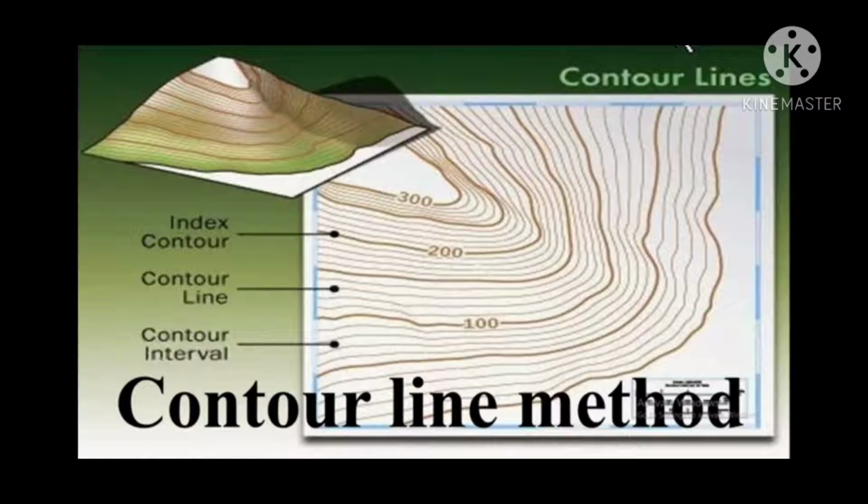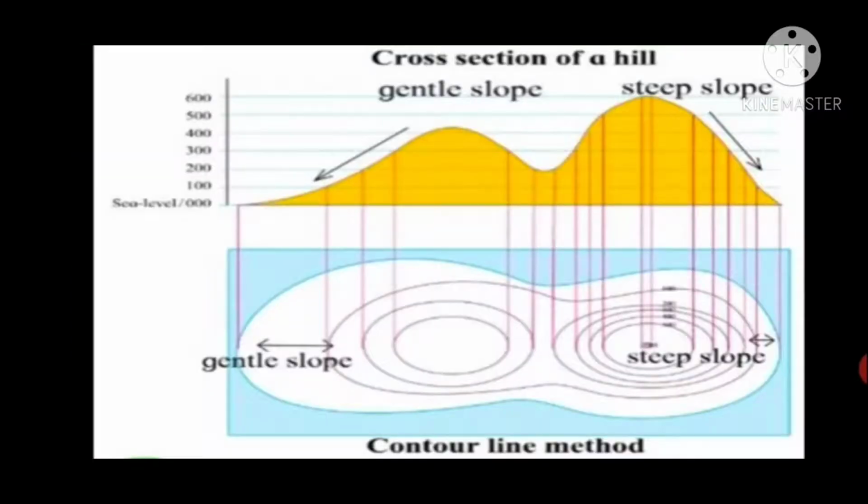In this method, the height is measured from sea level. After measuring the height of various points, the places with the same height are identified. These places are marked accurately on the map and lines joining points of equal heights are drawn.